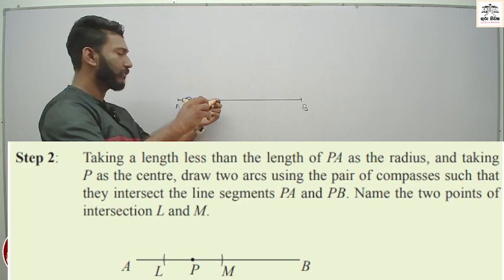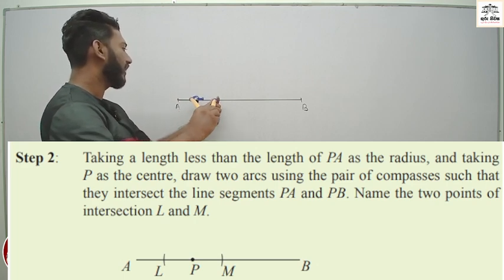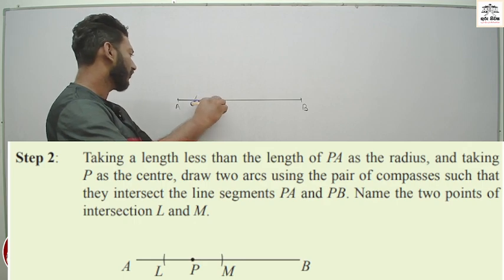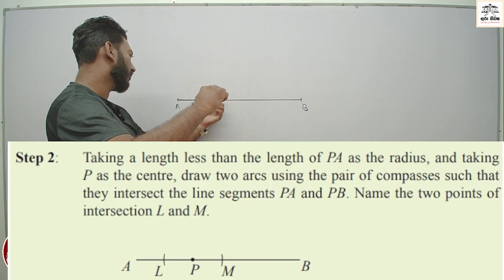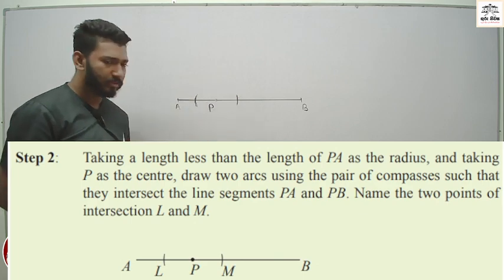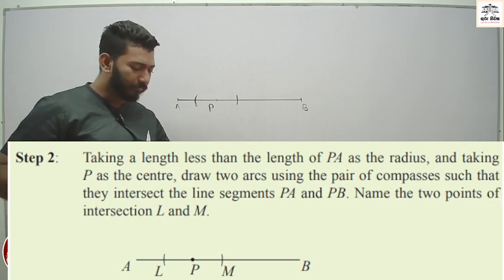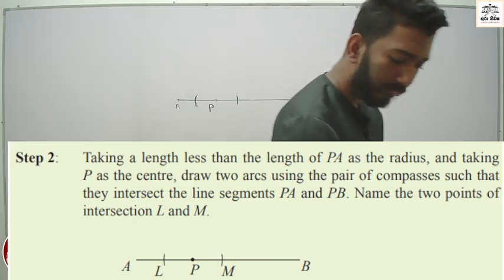Look here. I cut on both sides neatly like this, less than PA. Now this is my first intersection point. And this is my second intersection point. Cut on both sides, right? Do it.